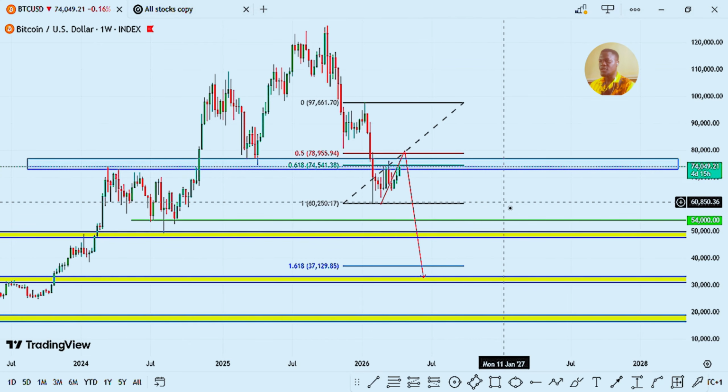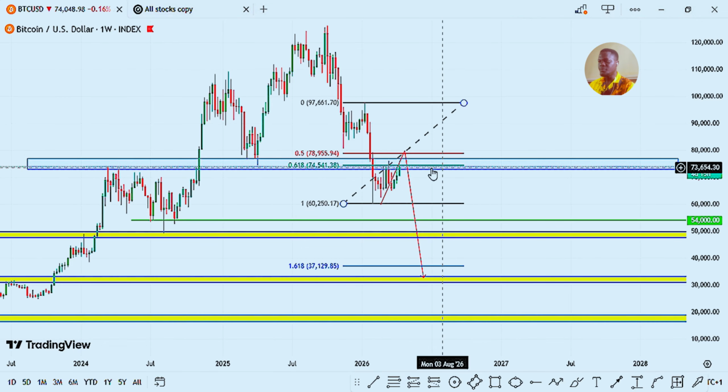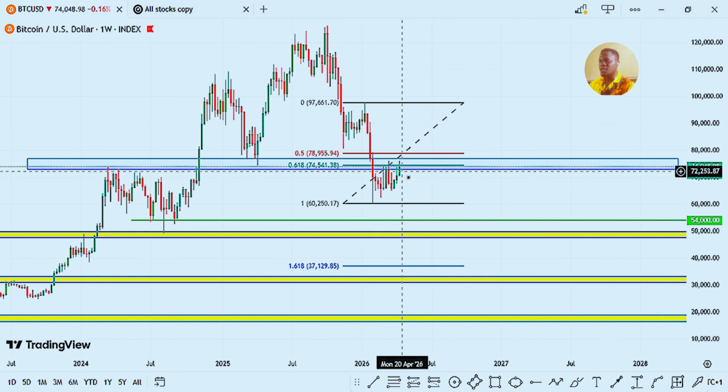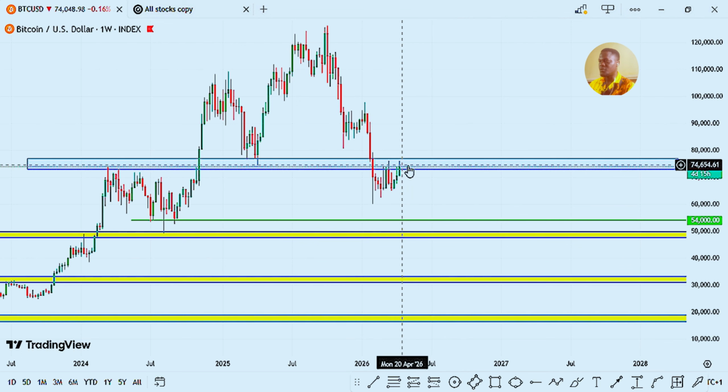So my trading setup is still valid. But if we break this neckline, that means I'll be looking for buy opportunity.